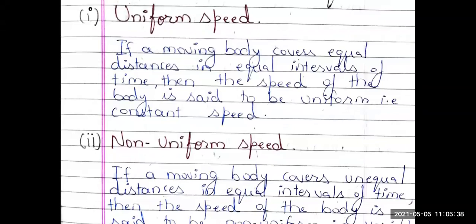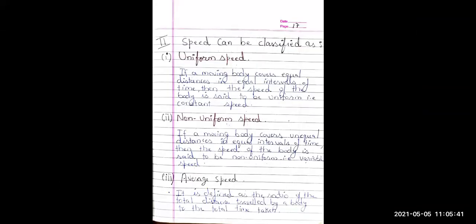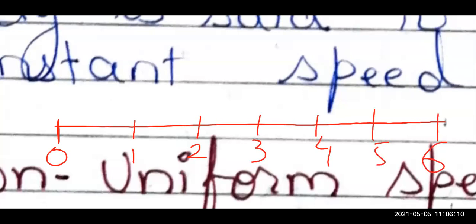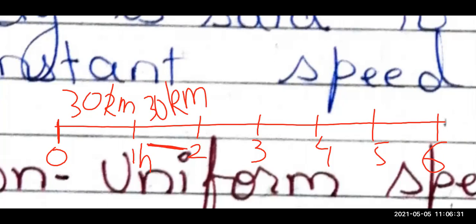For example, children, you are moving on this straight path, right? At time t equals 0, t equals 1, t equals 2, t equals 3, 4, 5, and so on, right? This is for every hour. Now, suppose the distance traveled by your car in the first 1 hour is 30 kilometers. And in the second 1 hour, suppose the distance covered is again 30 kilometers.